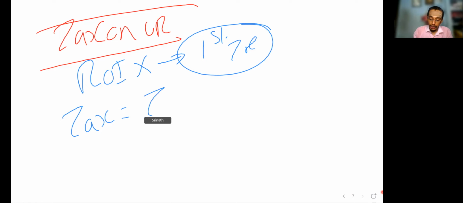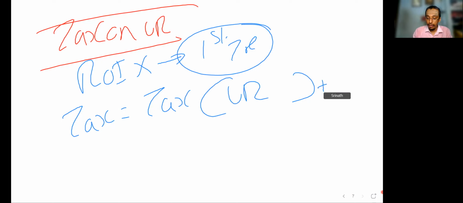Now tax would be tax on underreporting of income plus basic exemption. So you will add underreporting of income and basic exemption. On that find the tax. That would be considered as the tax on underreporting.